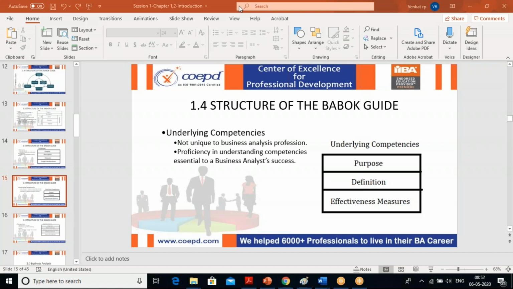Sometimes as a BA we may work on hybrid models as well. That means a part of it will be an IT perspective, a part of it would be an agile perspective, and part of it would be a business process management perspective. It can be a hybrid model. But individually, for each perspective we should have a clear idea and clarity about it. Thereby we can drive things to the next level.